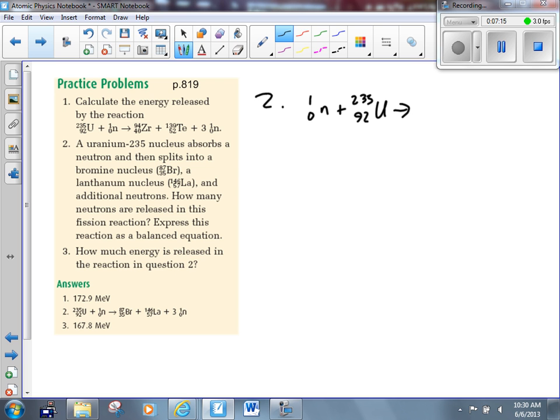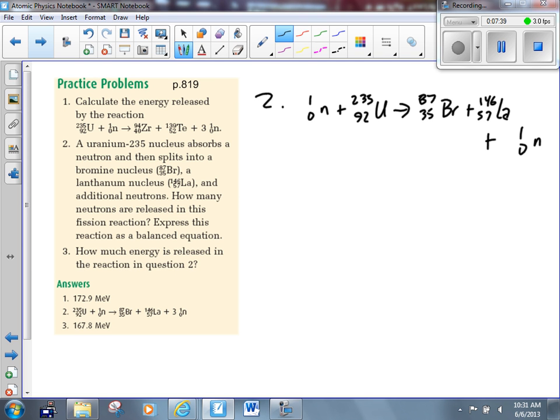Uranium-235 absorbing a neutron. It splits into bromine-87 and lanthanum-146 plus a certain number of neutrons. We've got to determine how many neutrons we have that are produced here.